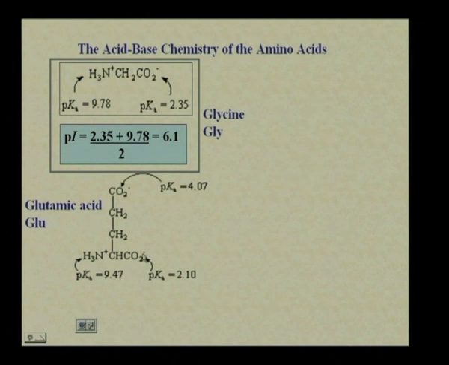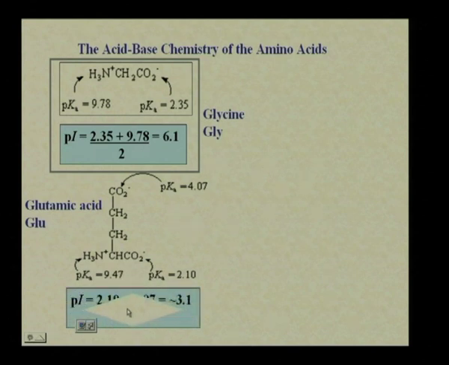So, it first loses this one, right. So, in between these two my charge is what? 0. So, what is my Pi value? 2.1 plus 4.07 divided by 2.